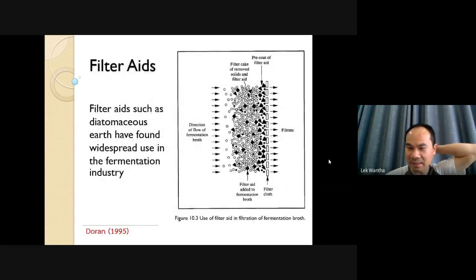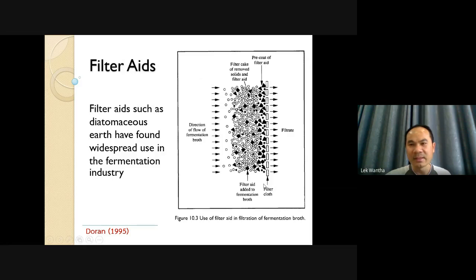Filtration is the technique used to separate solids, mostly large size particles. If the size of the particle is quite small, centrifugation is better for separating small particles. In filtration, mostly we have two components. One is the filter media.